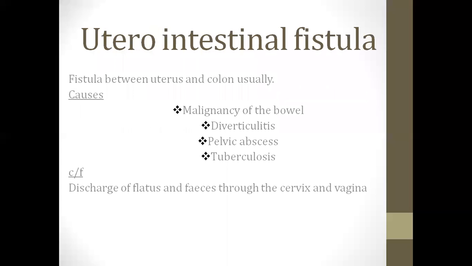Uterointestinal fistula. A fistula between the uterus and the colon, usually caused by malignancy of the bowel, diverticulitis, pelvic abscess, and tuberculosis. These are the causes of uterointestinal fistula, and the patient complains of discharge of flatus and feces through the cervix and vagina.